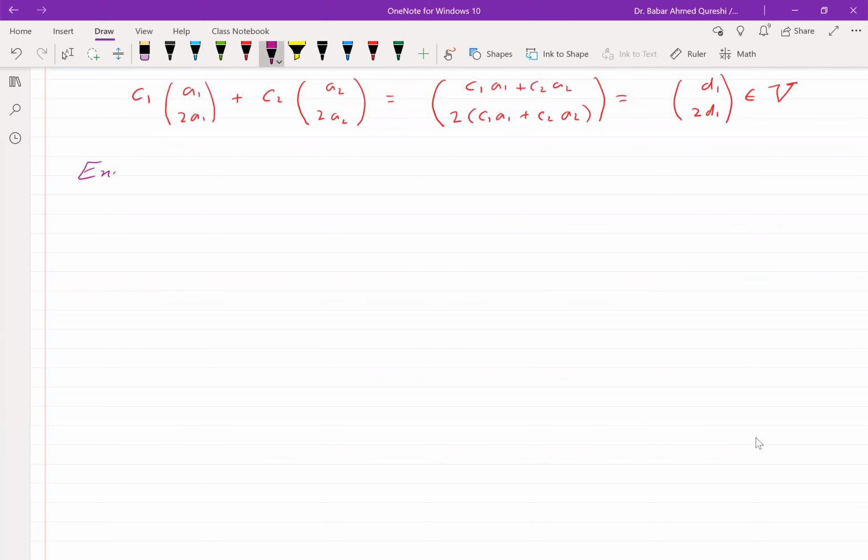Let's take another example. This time my space is this going to be a vector space? Let's check. A11.